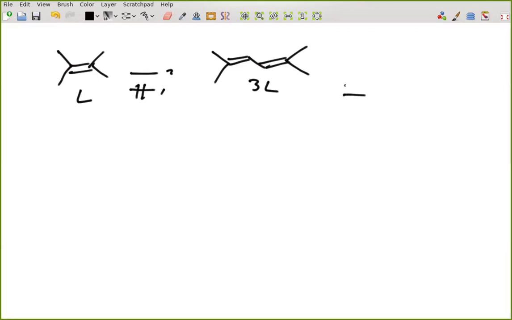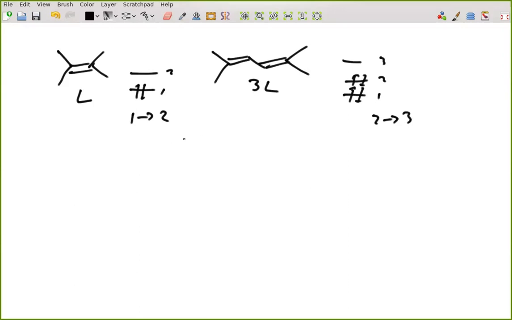So we've got energy levels 1, 2, 3. And these are full. And so the maximum absorption will go from 1 to 2 in this case. The maximum absorption will go from 2 to 3 in that case.